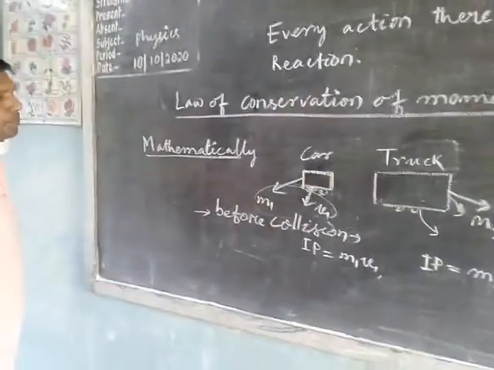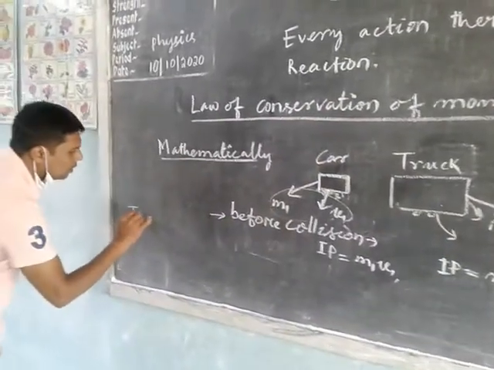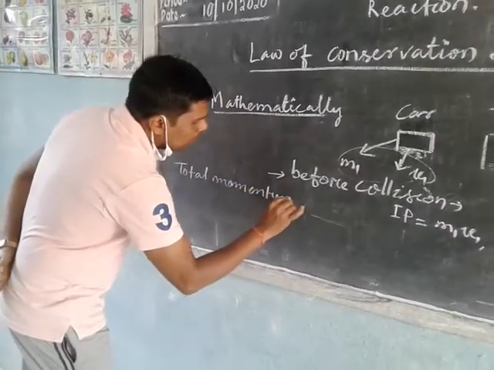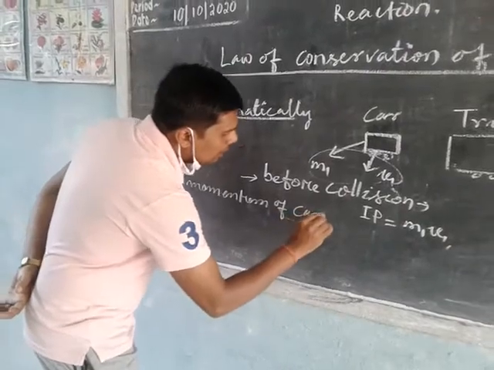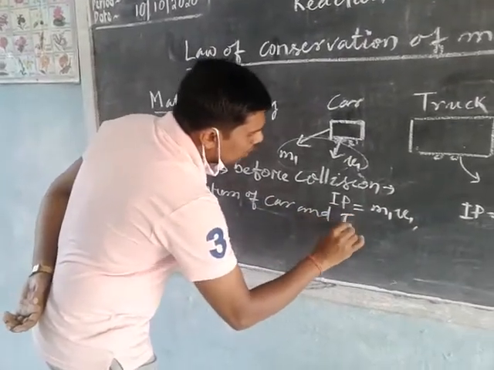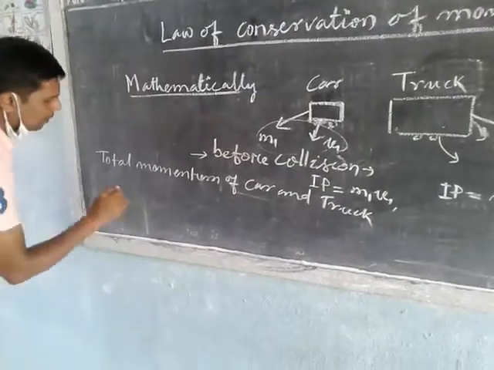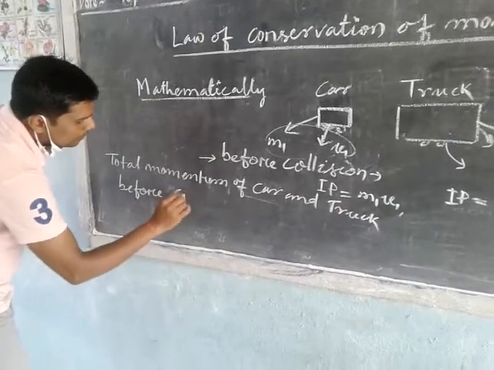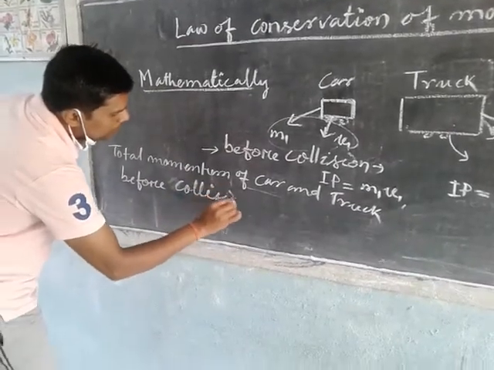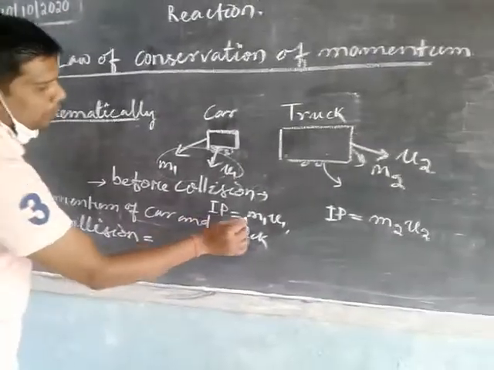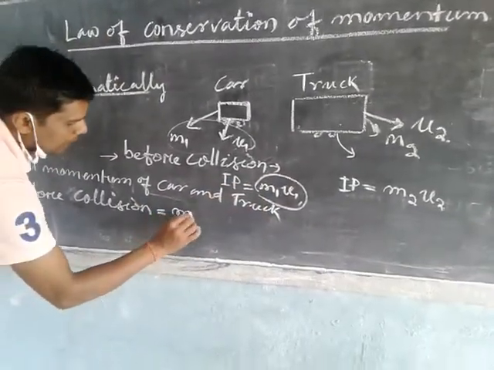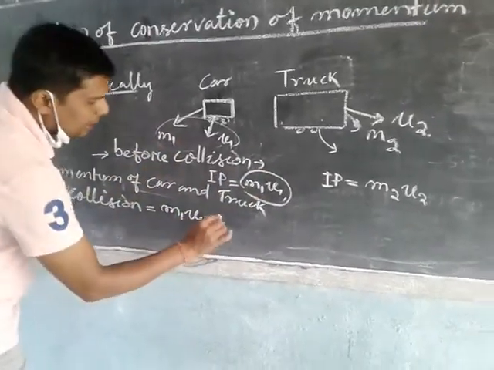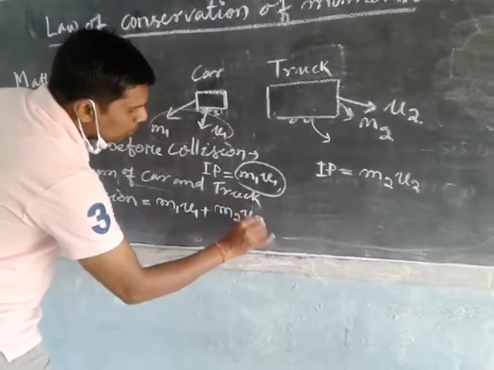So the total momentum of the car and truck before collision is m1 u1 plus m2 u2.